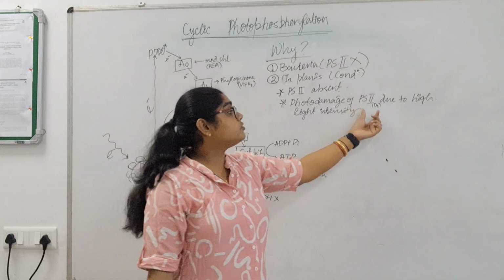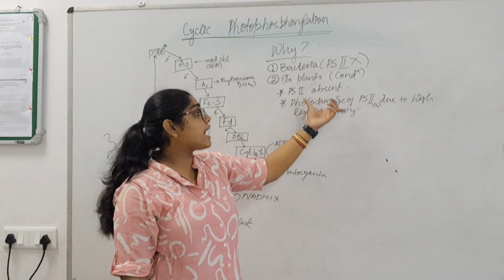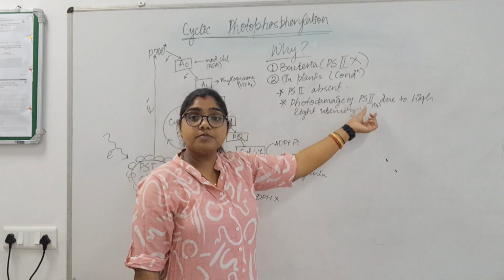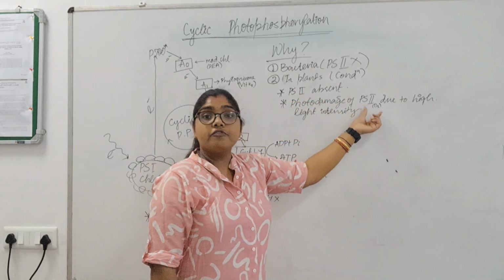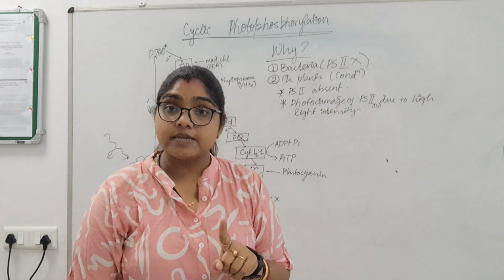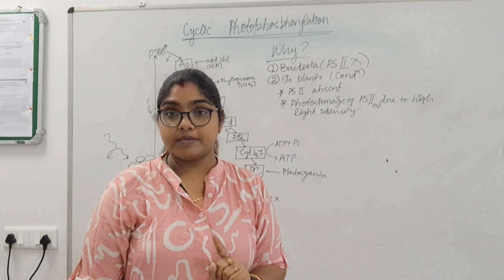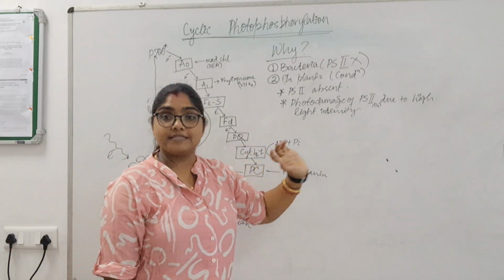Photosystem 2 is the main site for this photo damage. High light intensity damages photosystem 2, and that process is known as photo damage. PS2, or photosystem 2, is the main site of photo damage, but photosystem 1 is immune to photo damage. That's where cyclic photophosphorylation takes place.